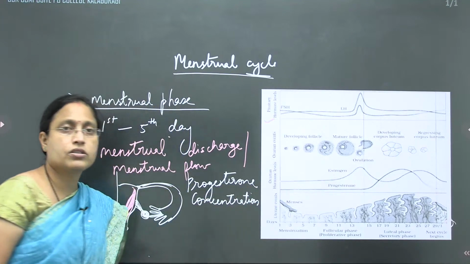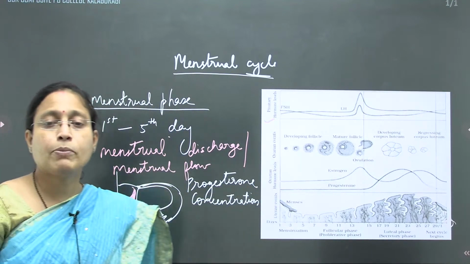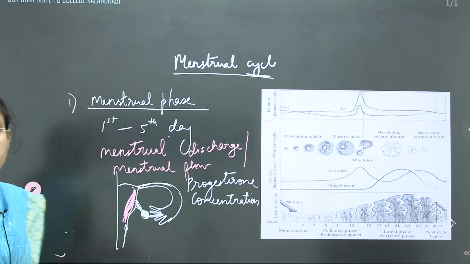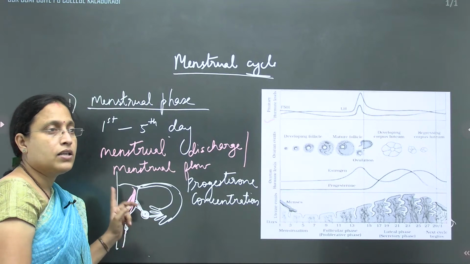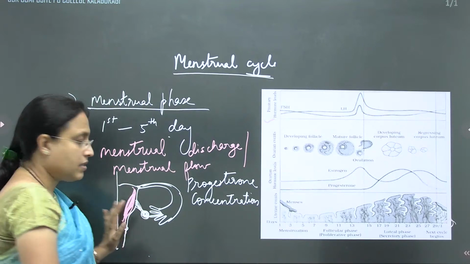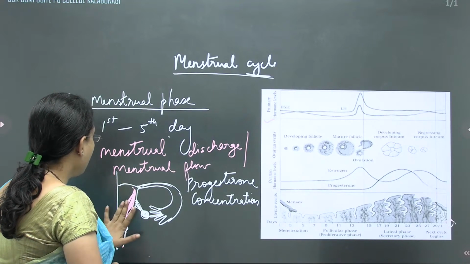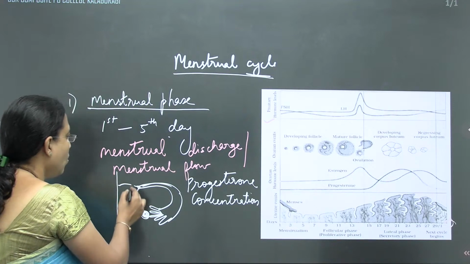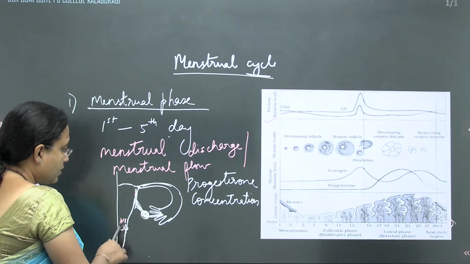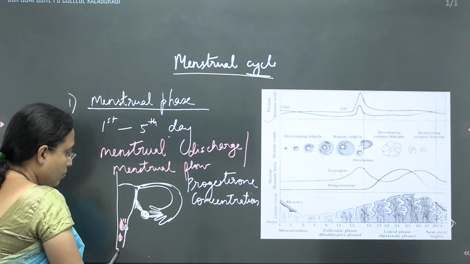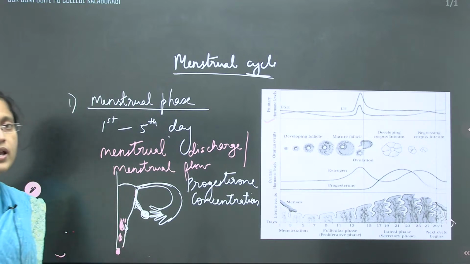When it drops, the endometrium cannot be maintained, so it breaks. When the endometrium breaks, it is discharged outside.